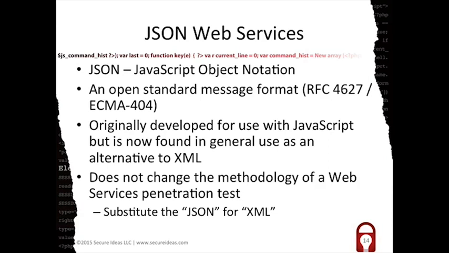It doesn't change the methodology of how we do a web service penetration test, whether it's JSON or XML. The biggest difference between the two is that when you're working with JSON, you know there's no XML parser on the back end. So that's one less component that you really can't attack. I guess there is a JSON parser, so there may be some vulnerabilities at some point in certain JSON parsers. I haven't run into any, at least nothing reliable. I've run into a lot more issues with XML parsers, so something to keep in mind.